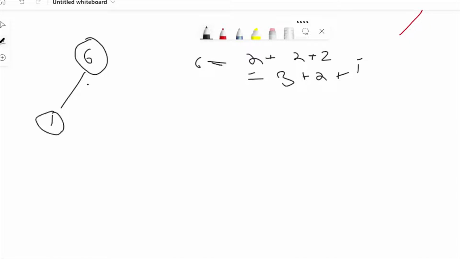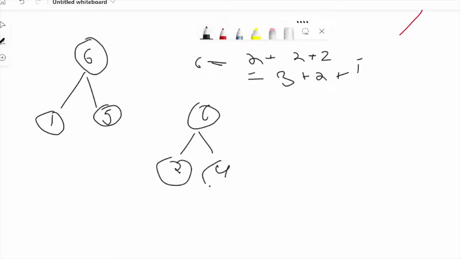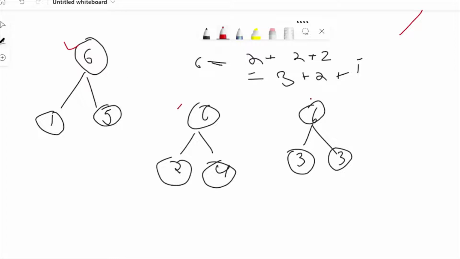So this could be one division, the other could be this, and the other could be this. I'm not mentioning the other ones because they will just repeat. I can write it as 4 times 2, which is the same as this, or 5 times 1, which is the same as this. So basically these cases are more than enough.